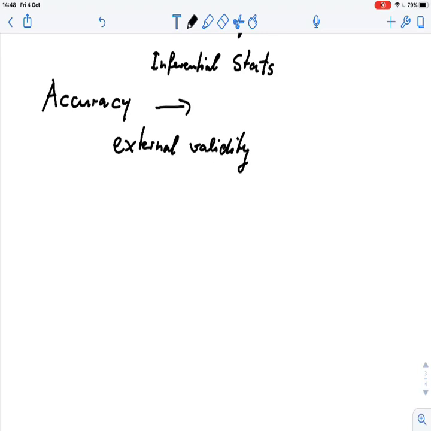With accuracy, we treat our measurements as a sample.